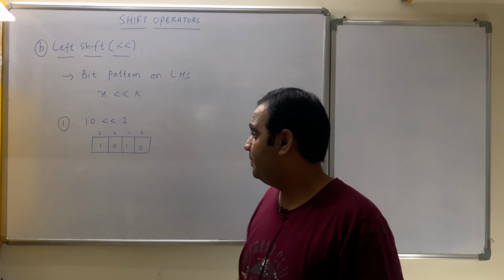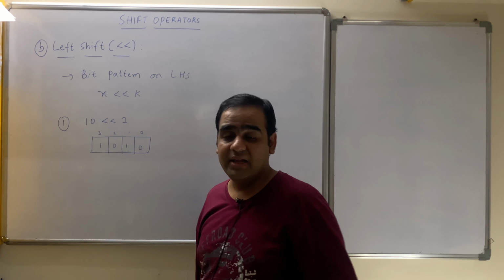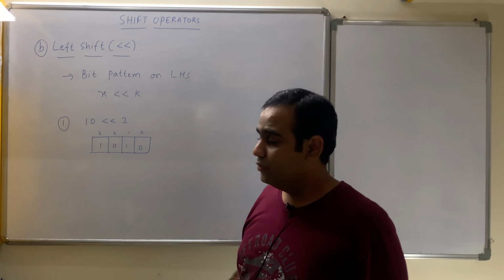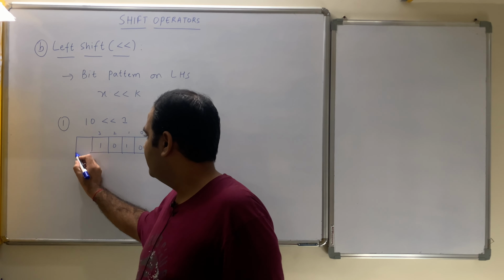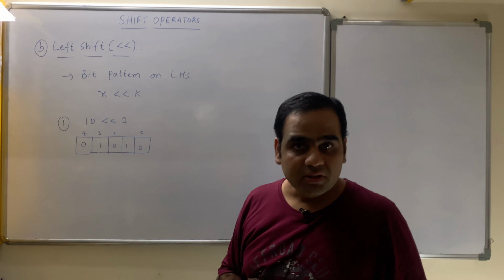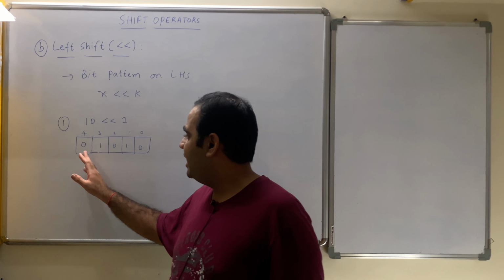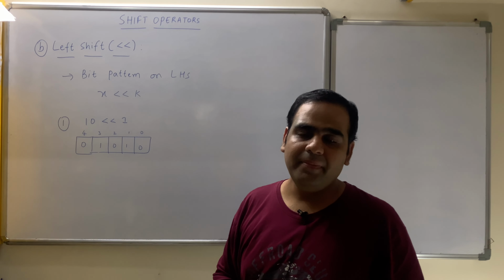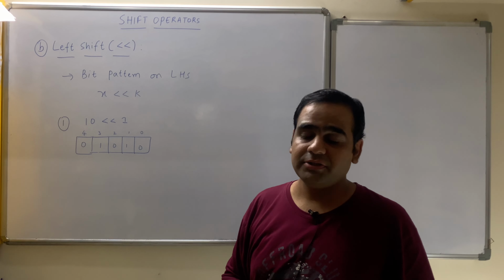Now this bit pattern we have to shift on the LHS by 1 place. This 1010 we can write as 01010. The value doesn't change. We can add as many zeros on the LHS, the bit pattern doesn't change.